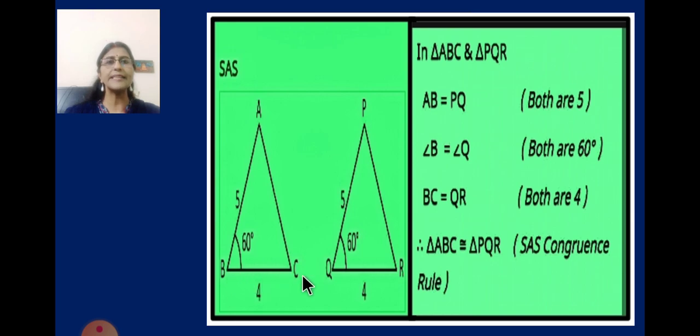Then we will write BC is equal to QR, both are 4 centimeter. Therefore, triangle ABC is congruent to triangle PQR and the congruence rule is SAS. So you have to write down the rule also.